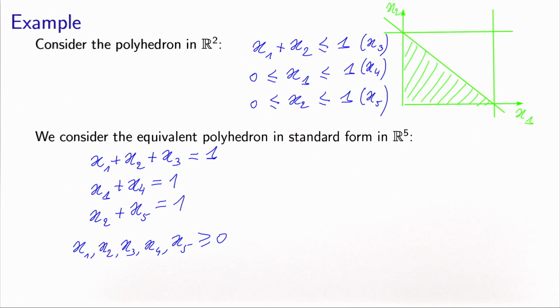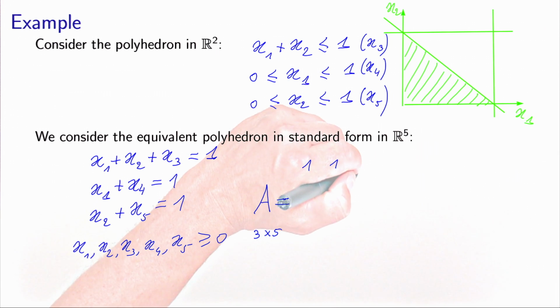So now we need to write the matrix A so that we can start calculating a feasible basic solution. The matrix A will have 3 rows, which are the 3 constraints, and 5 columns, which are the 5 variables. The first row corresponds to the first constraint. For x1, the coefficient is 1. For x2, the coefficient is 1.